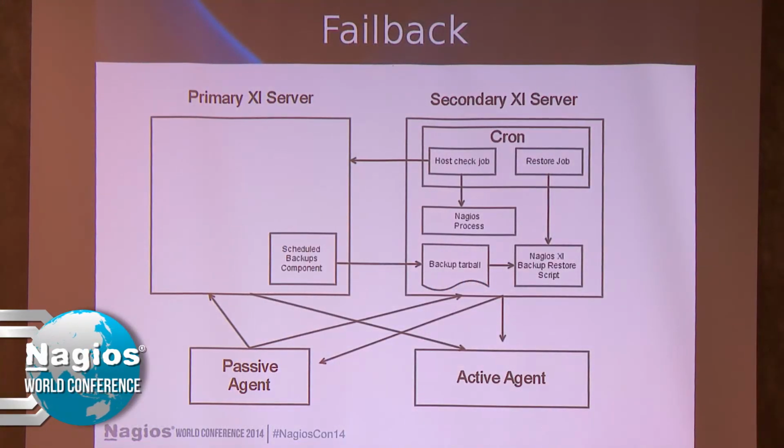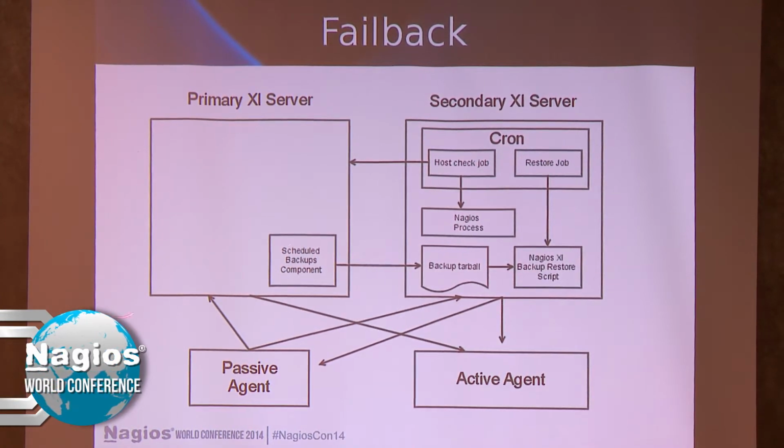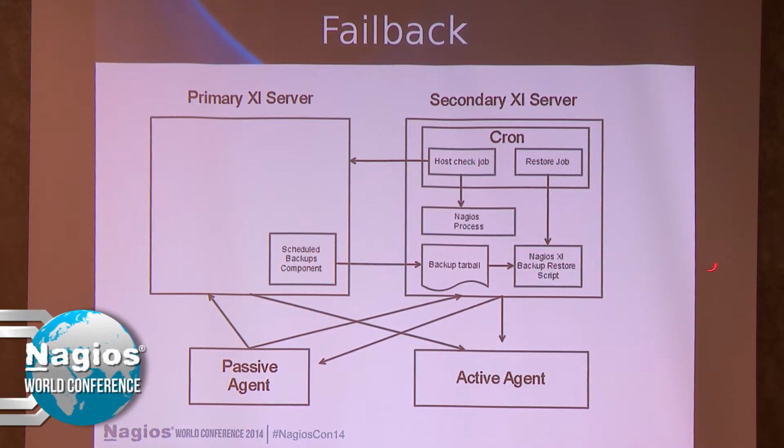A typical failback situation is pretty straightforward. A handful of cron scripts. Usually your secondary is going to be checking your master. And then your primary will be pushing the backup tarball over, usually via SSH. And the restore job will run like once a day or on the interval you specify. It'll restore the backup. This does mean that your passive and active agents need to be aware of two hosts.